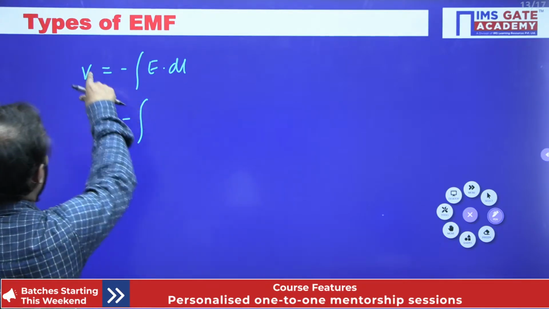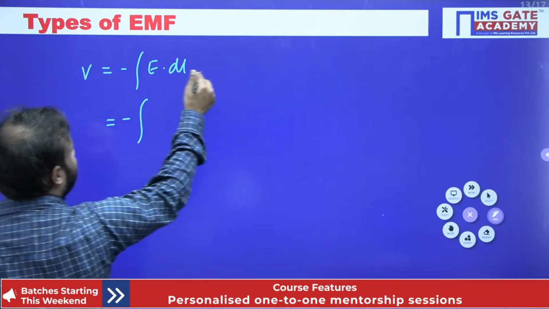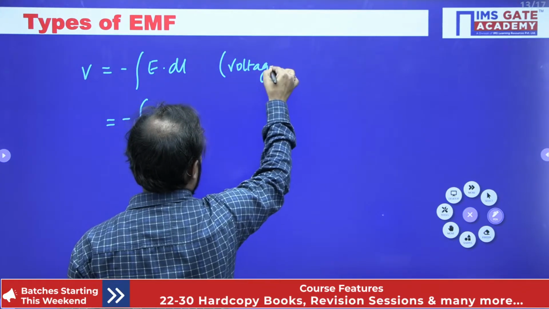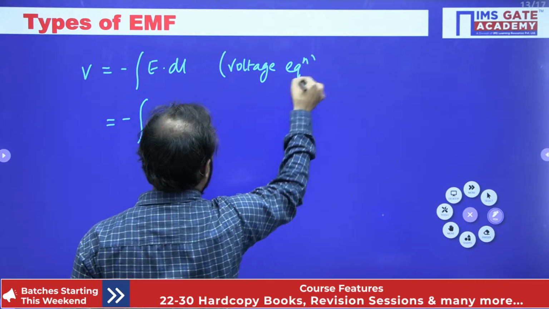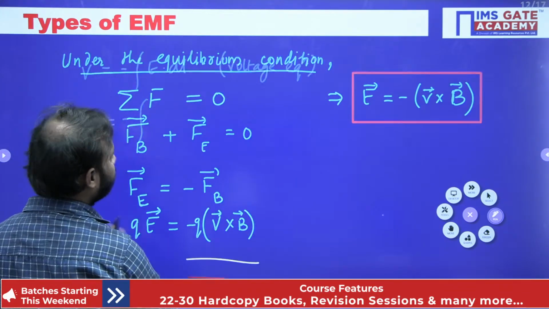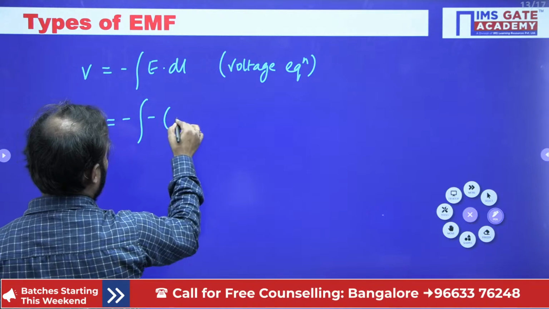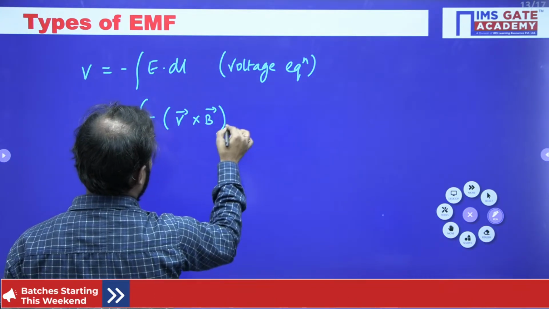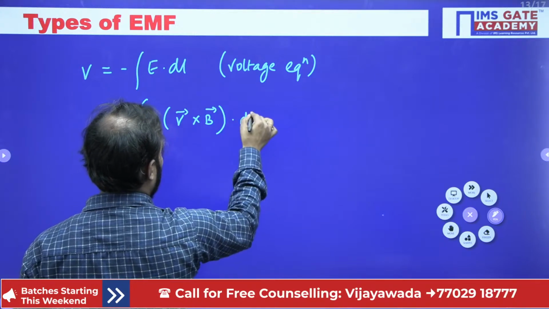All right. So this is voltage. Note, V here is the velocity; this is the voltage equation. E we have got as minus V cross B, so minus integral of V vector cross B vector dot dl.